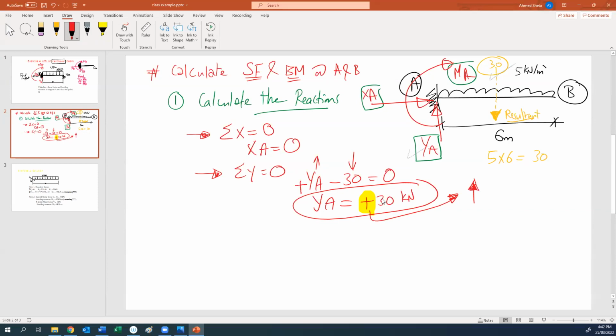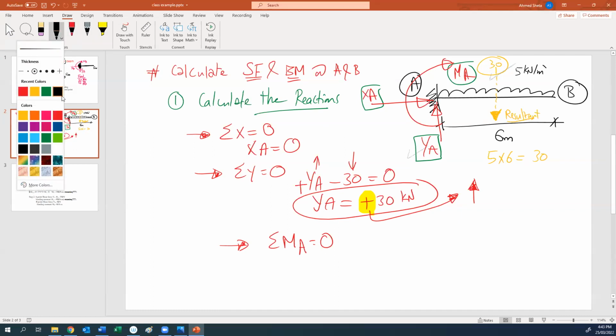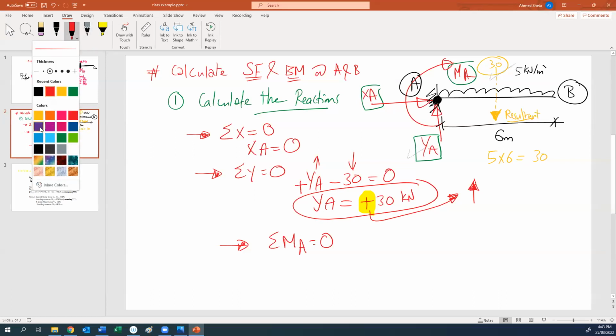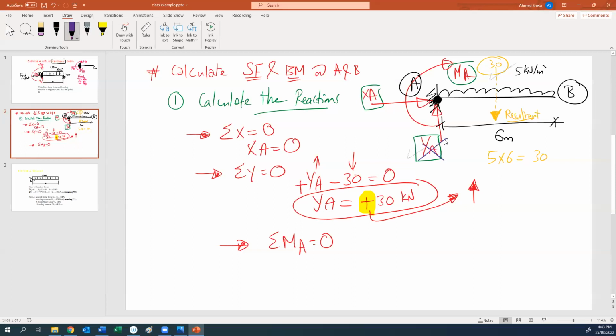The last equilibrium equation is summation of moments at A equal to 0. This is our point A here. If we are at A, this force passes through A, so it doesn't have a moment.